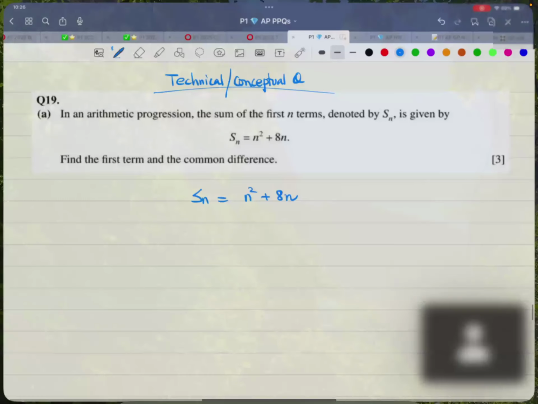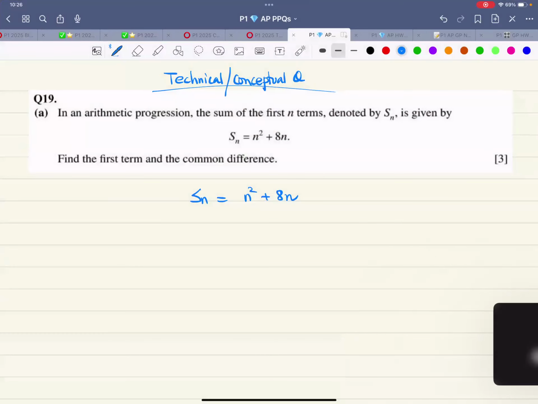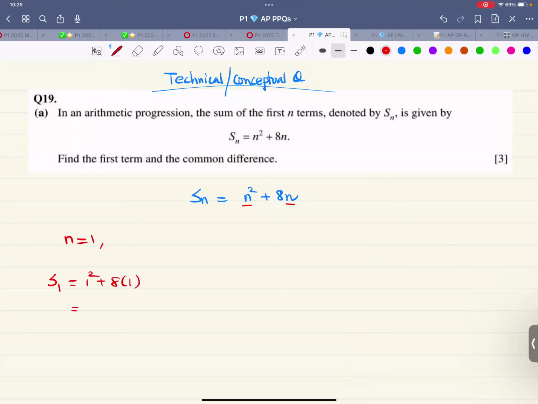So now let's have a look at this. The formula is for sum of n terms. What we do is that we write n is equal to 1, insert it in place of n over here. So sum of one term is 1 square plus 8 times 1, which comes out to be 9. Let me write n is equal to 2.